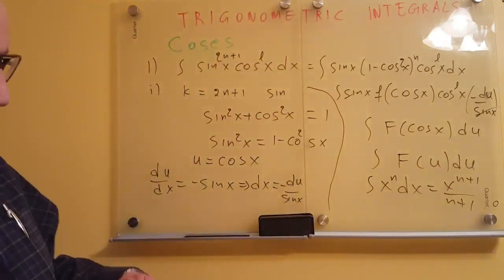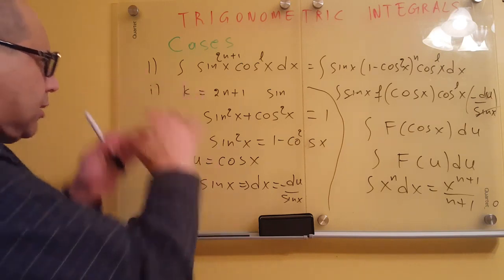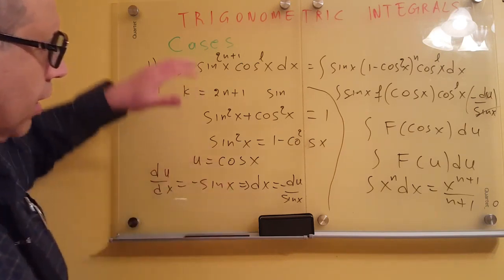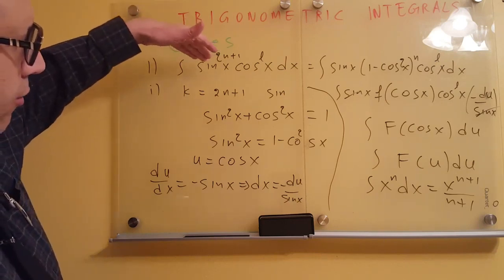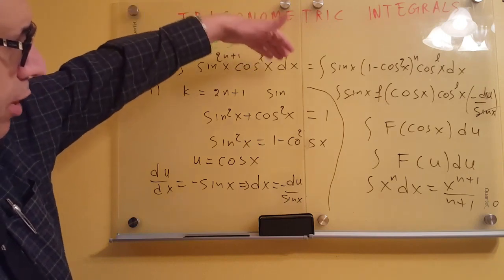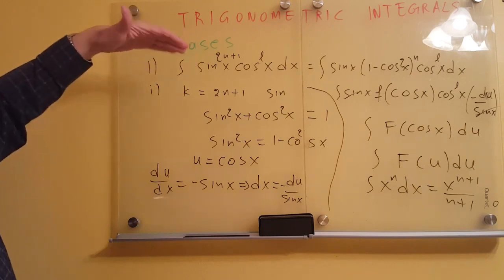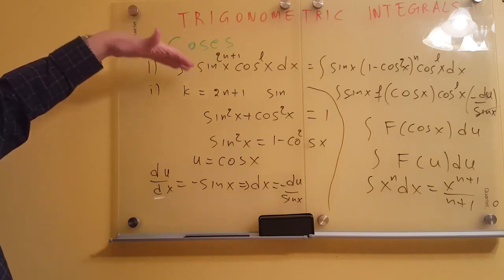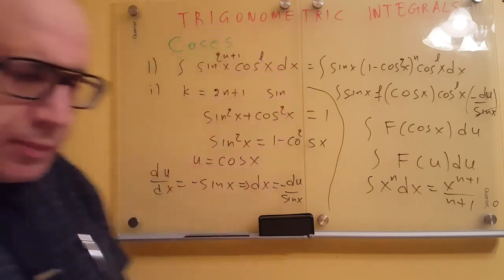So that's the theory behind this case: we have an integral of the form sine x to some power times cos x to some other power, and the power of the sine is odd.